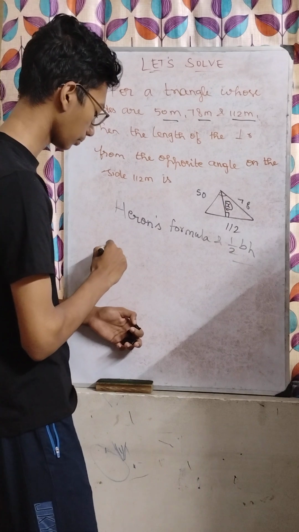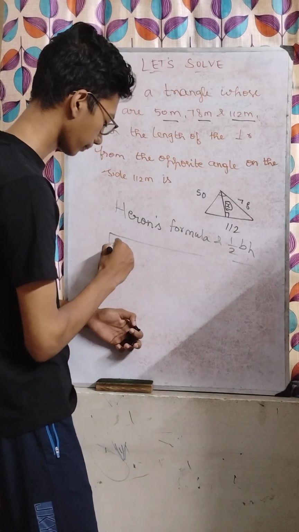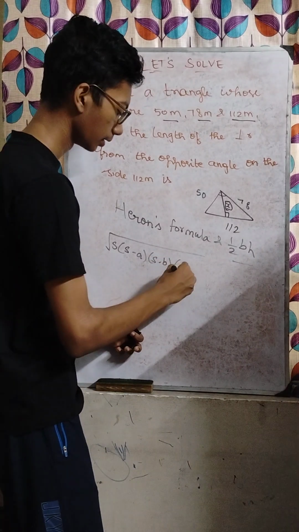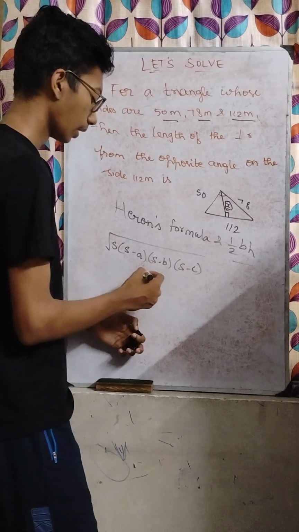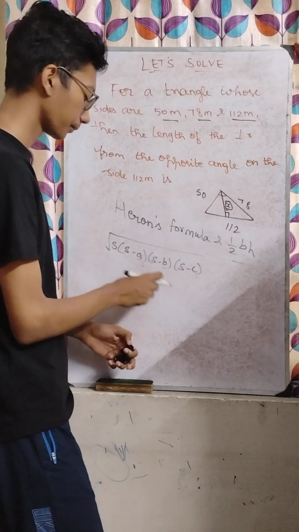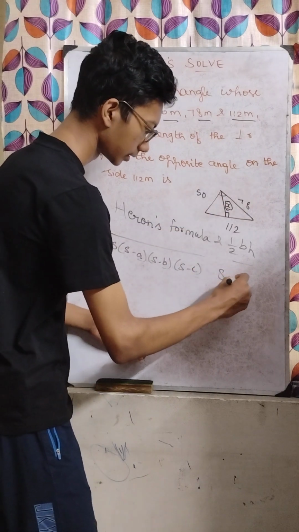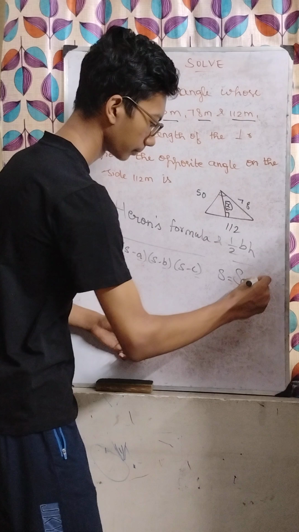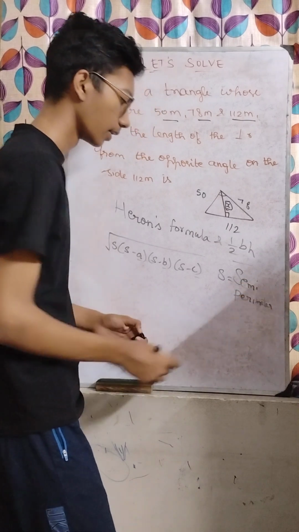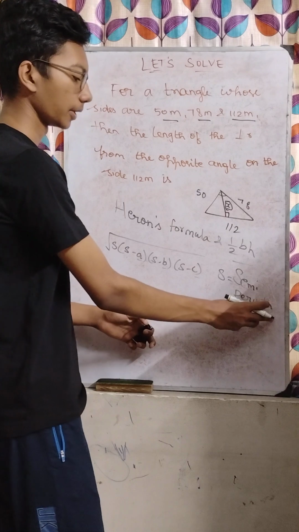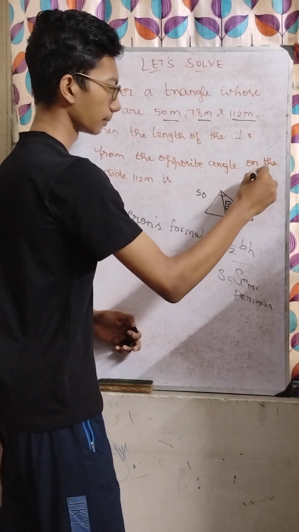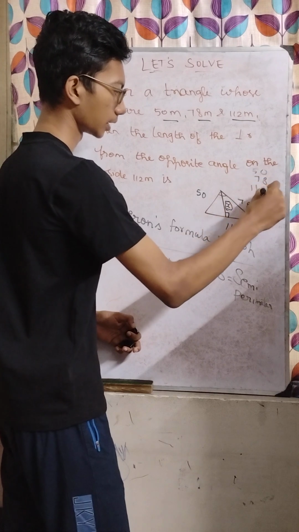First, Heron's formula is root of s into s minus a, s minus b, s minus c. Here a, b, c are the sides of this triangle. S is the semi-perimeter. So we need to find the perimeter of this triangle first, which is 50 plus 78 plus 112.